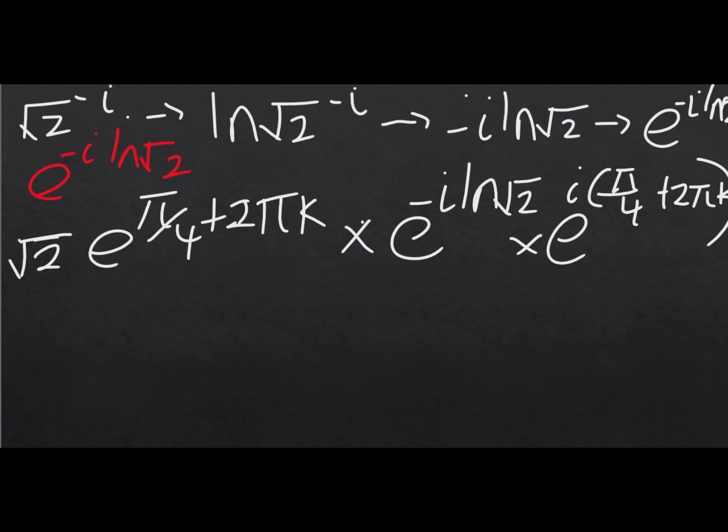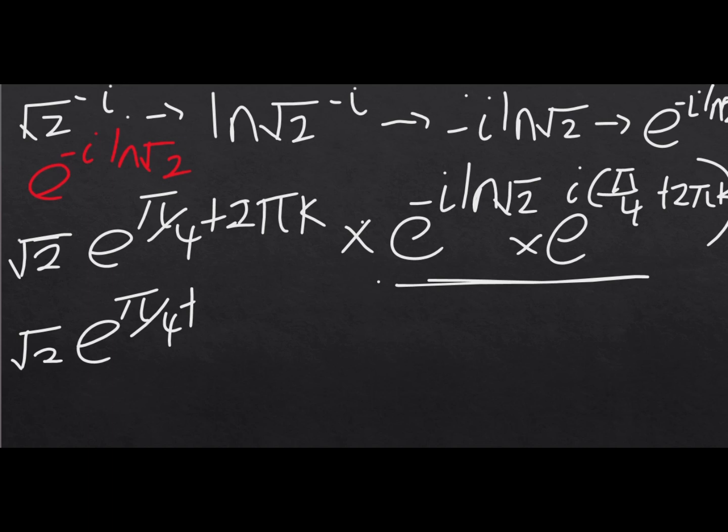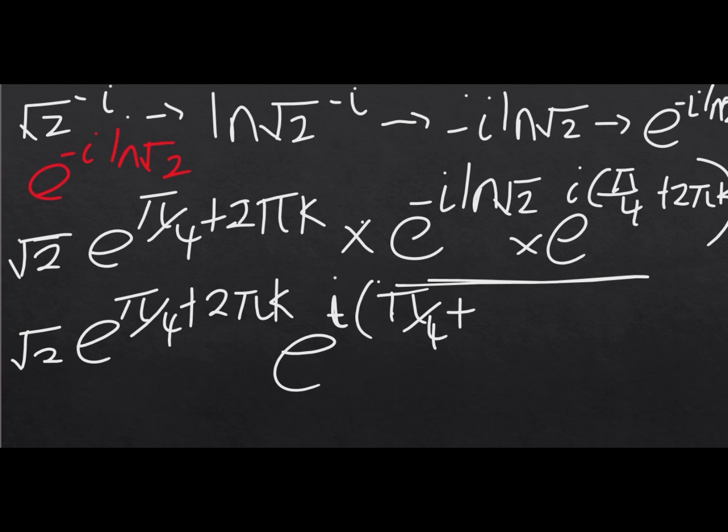And now that we have it this way, we can combine these two because the bases are the same. So we have root 2 e to the power i times pi over 4 plus 2 pi k minus natural log of root 2.